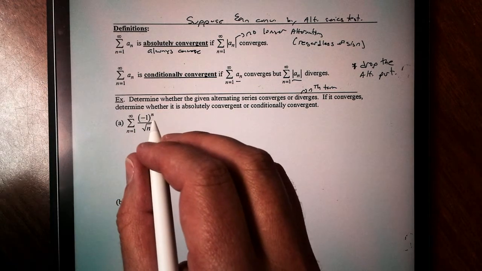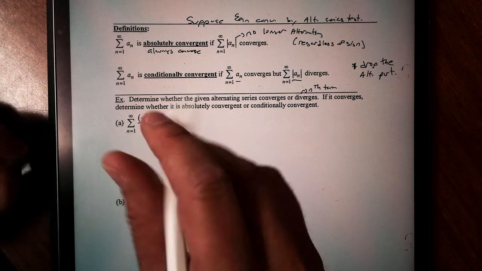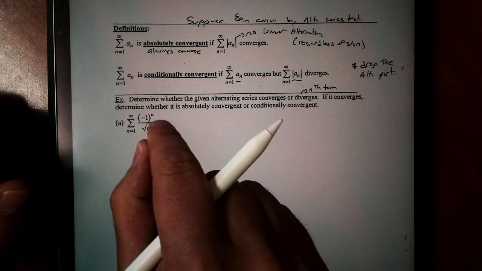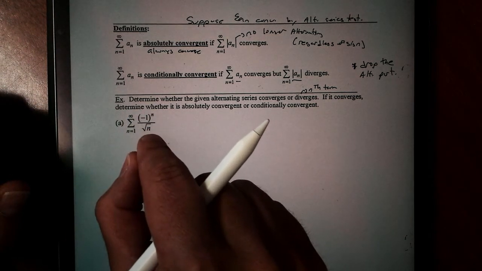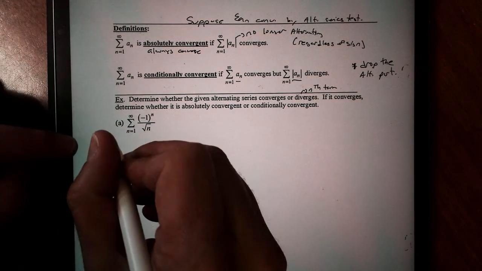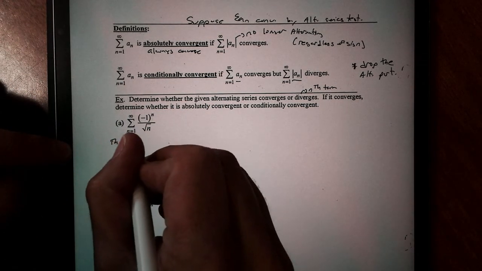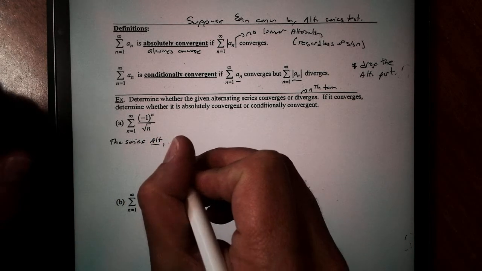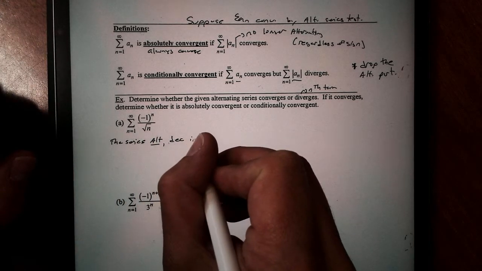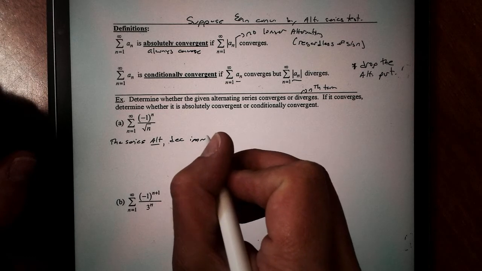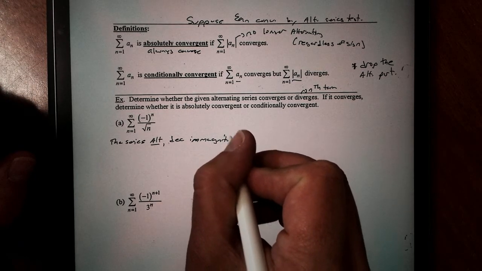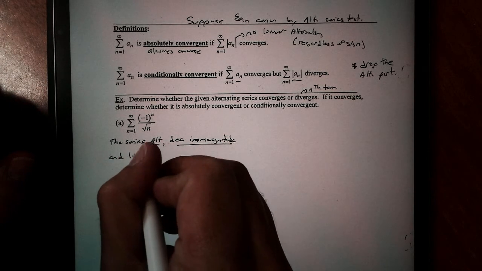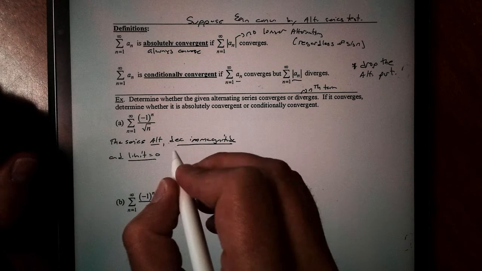So I know that this is alternating. As n gets bigger, my terms get smaller, and the limit as n goes to infinity would be 0. So I'm going to say the series alternates, decreases in magnitude, and the limit equals 0.